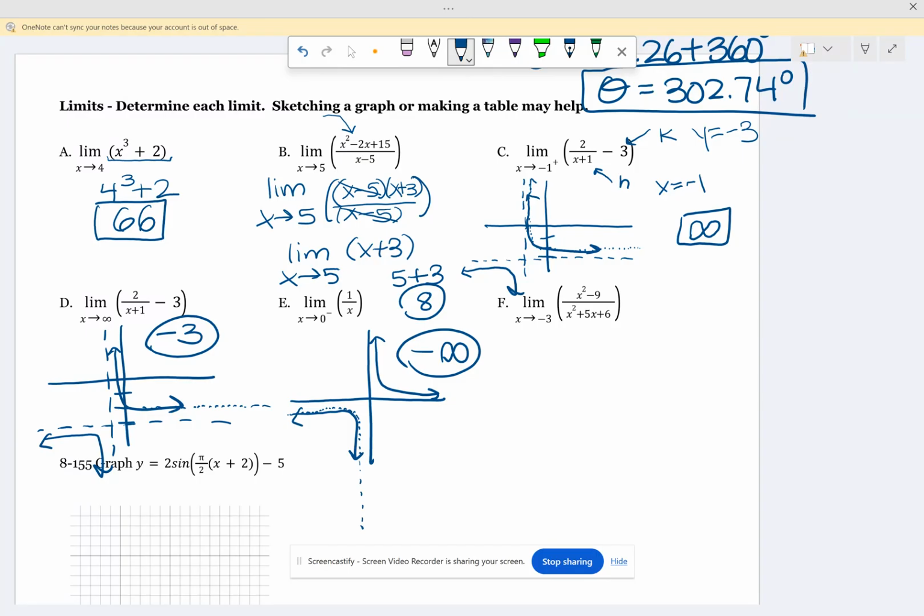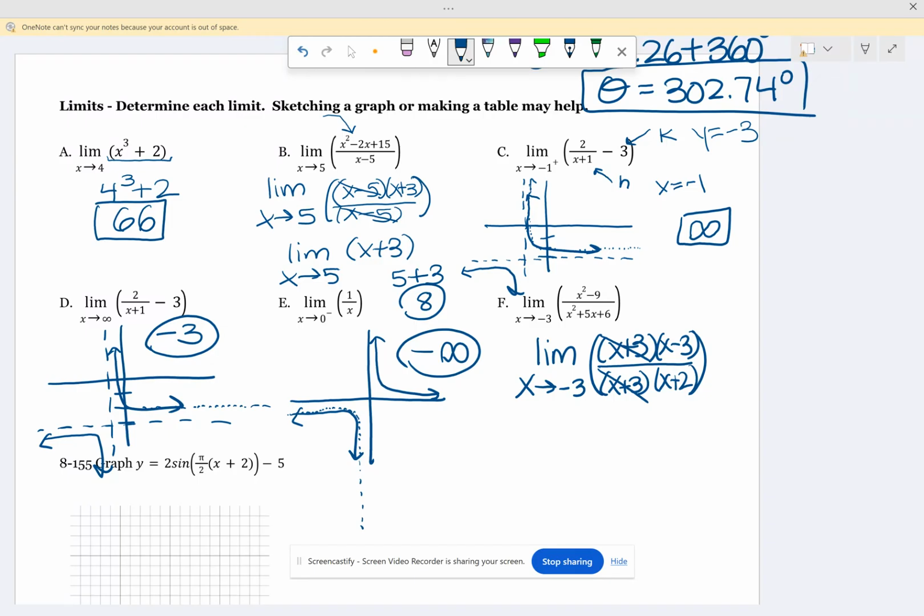The next one is very similar to b. We want to go ahead and simplify the expression, the f of x, and then evaluate. So if we do that, the numerator factors to x plus 3, x minus 3. The denominator factors to x plus 3, x plus 2. So I notice that I can divide these.